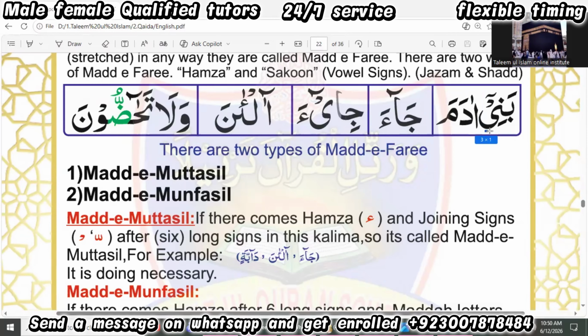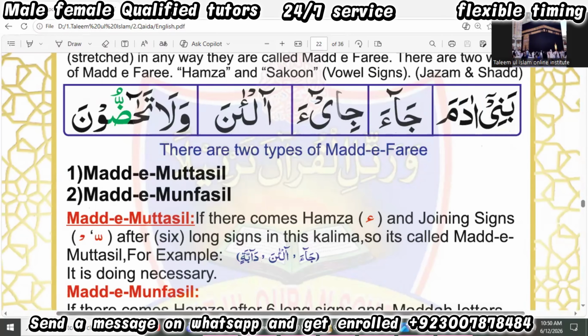Like Bani, this is ya madda, and Adama. Adama is in the second word, Bani is the first word. There is hamza after the long sign, and the hamza is in the next word. So this is called madde munfasil.